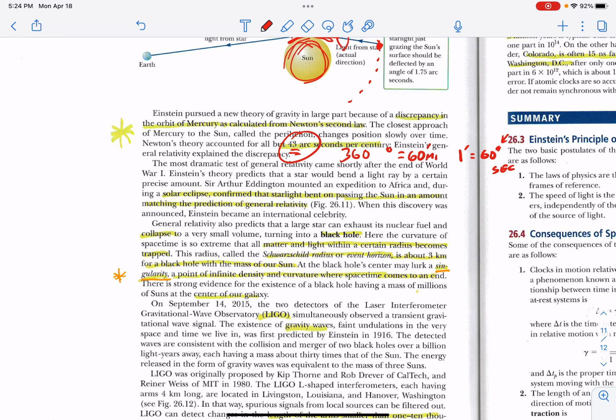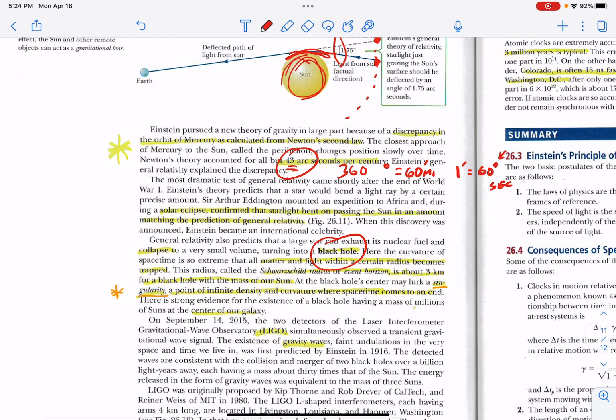This also then led to discussions of black holes, things that are so massive that light no longer just bends as it goes past that supermassive object, but it bends so much that it can't even escape and is trapped by that supermassive object. Which means that if this is my supermassive object, there is a point of no return.